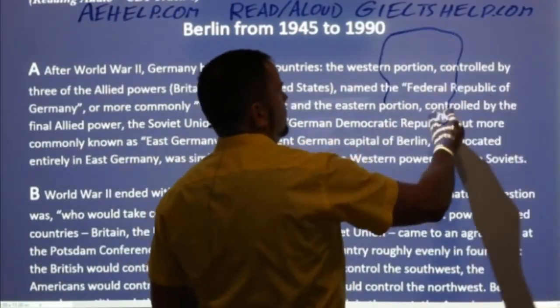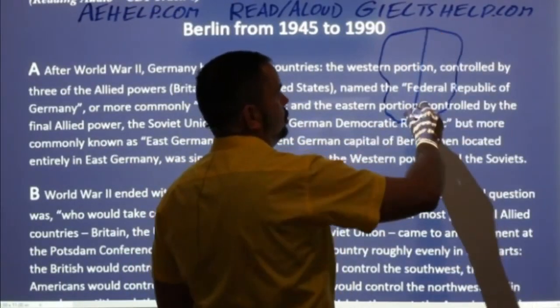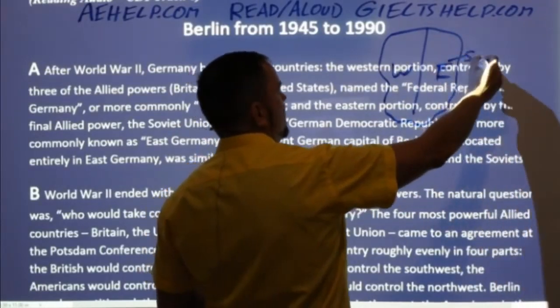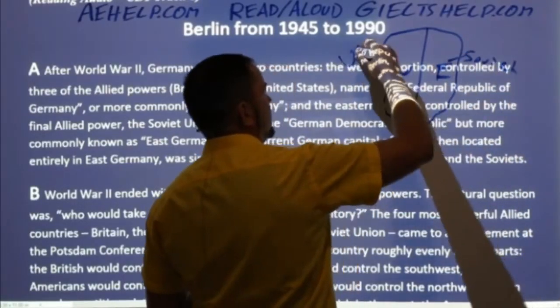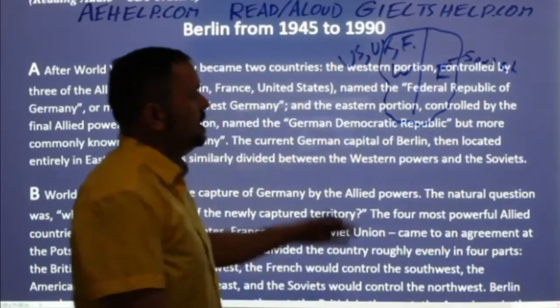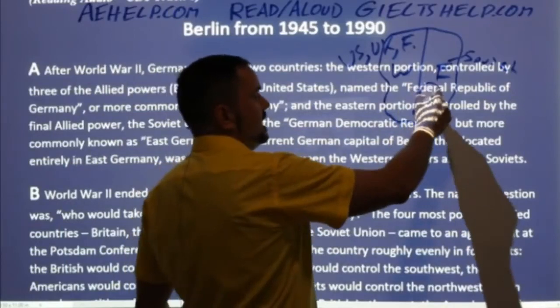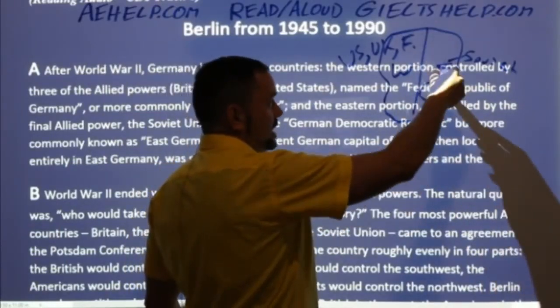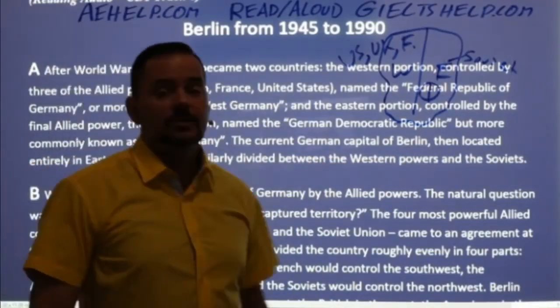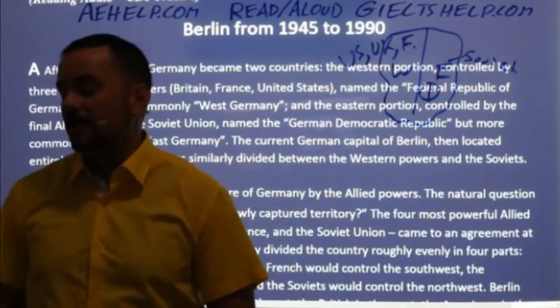So actively reading here, we visualize Germany. And Germany is divided into 2, East and West, Soviet, US, UK, and France. So we visualize that, and we visualize Berlin, which is located in East Germany, being divided into 2 as well. So all of that is in our minds.